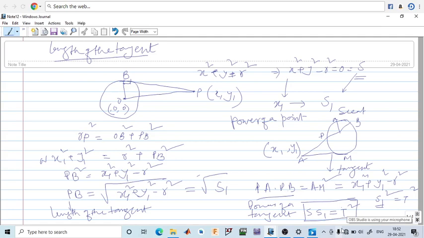And if we consider the pair of tangents, the same equation will be followed.